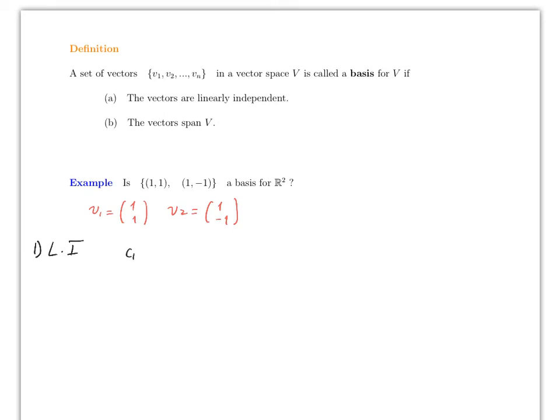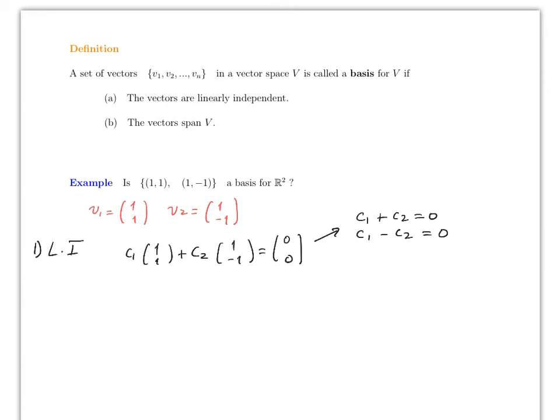If we have a linear combination of these two vectors, and remember we set this equal to the 0 vector, then c1 and c2 must be equal to 0 in order for this to be considered linearly independent. Now from here, this implies that c1 + c2 should be 0, and c1 - c2 should be 0.